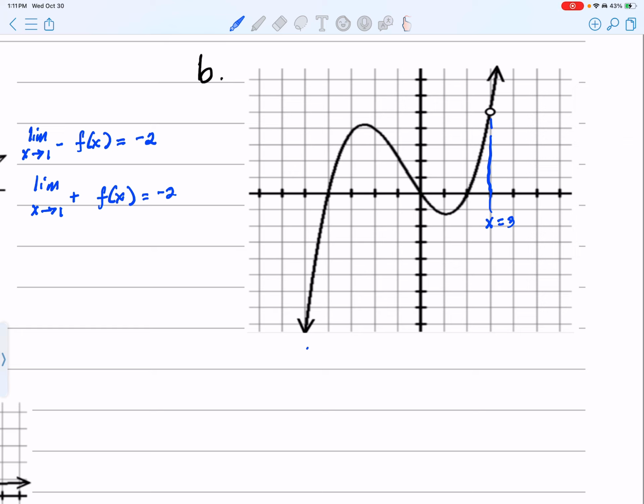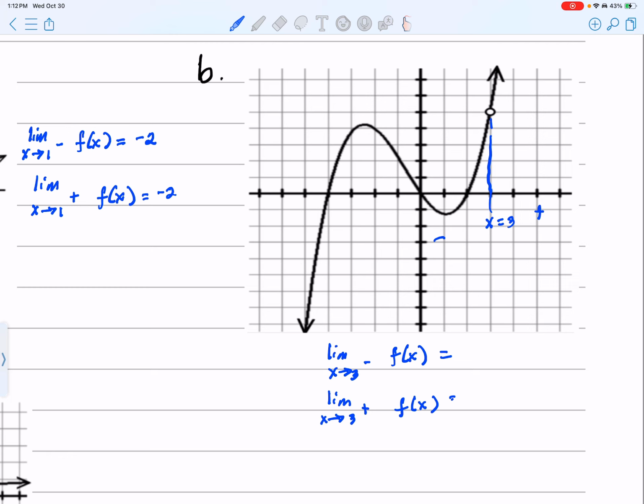So you could say that the limit as x approaches 3 from the left, the function is what? And the limit as x approaches 3 from the right, sorry, function of x is what? So this is the right, this is the left.